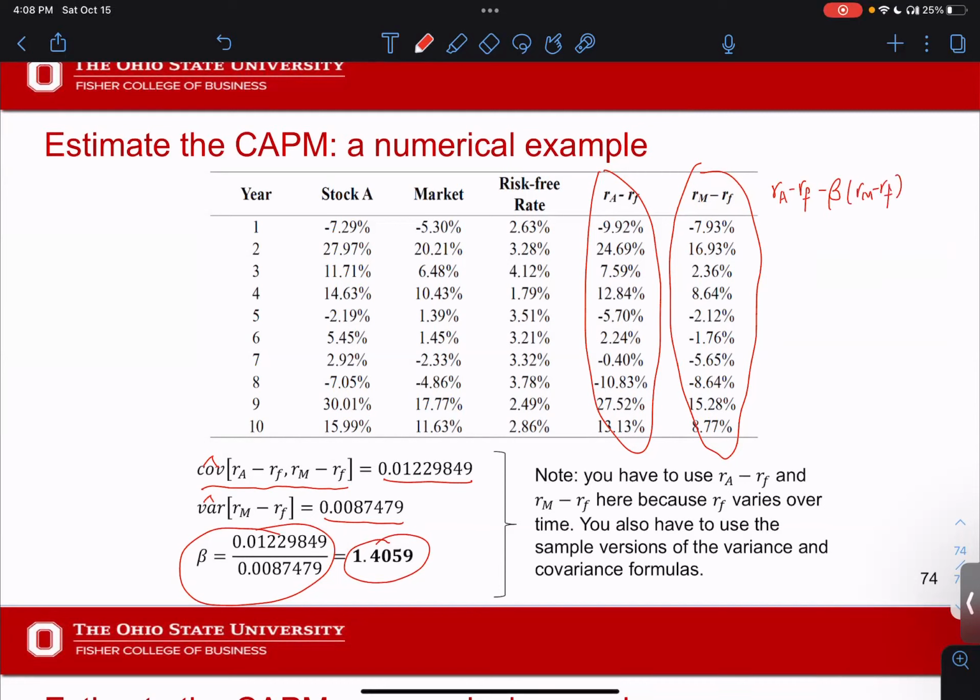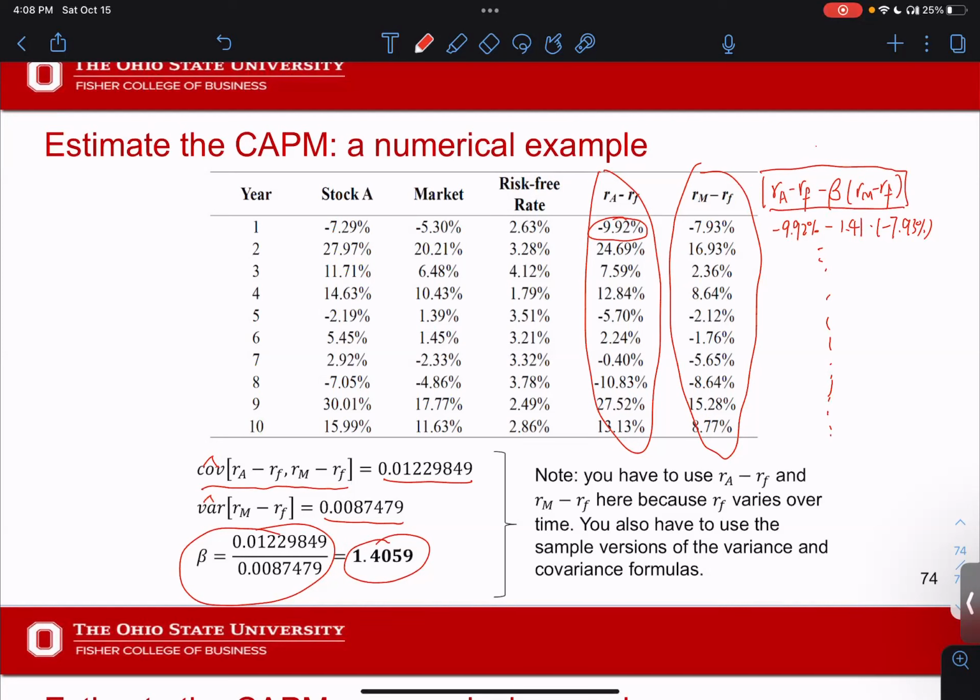So it's basically using this number, say minus 9.92% minus 1.41 times negative 7.93%. So you do this repeatedly. You do this for all the cells, and you can get this column.